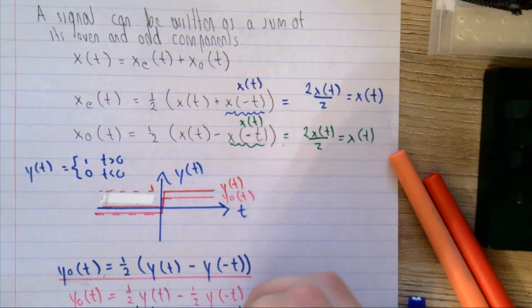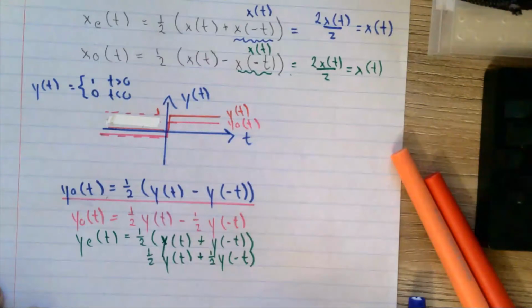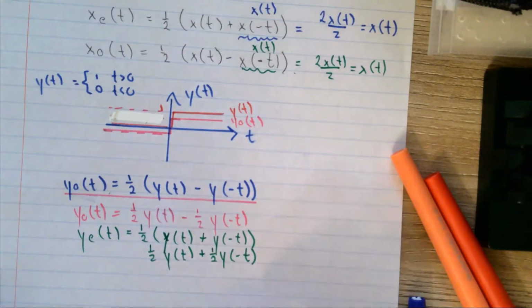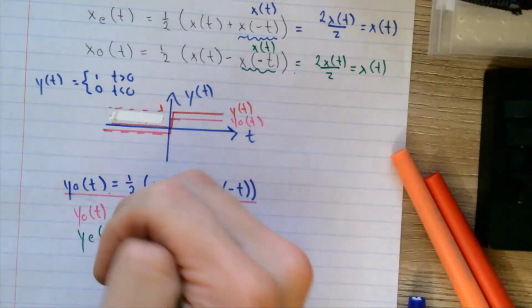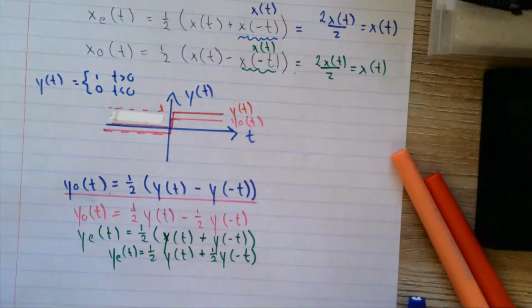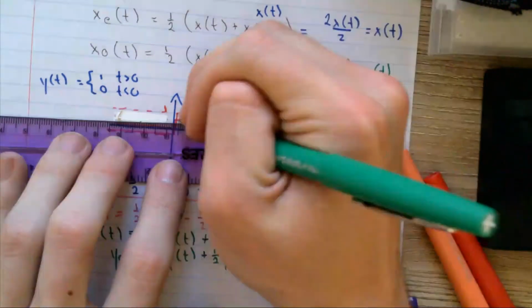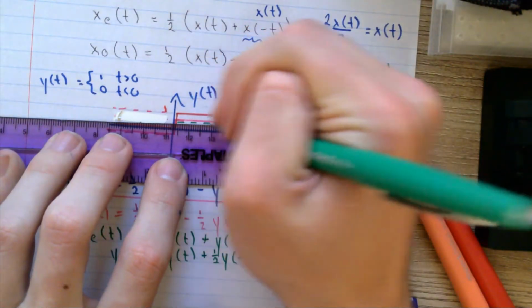What's going to happen for the even part of this signal is it's going to be 1/2 of y(t) here, so it's going to be 1/2 on this part. So that's what satisfies this part of the equation.